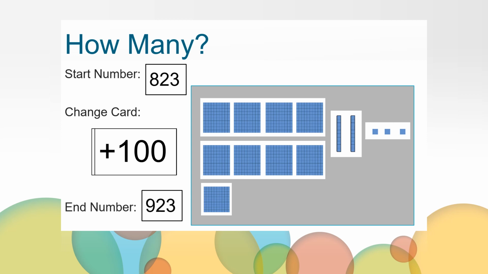That's correct. If we add just one more hundreds block, we go up from 8 hundreds to having 9 hundreds. So our answer is 923. The tens rods stay the same and the ones cubes stay the same, but we added another 100.